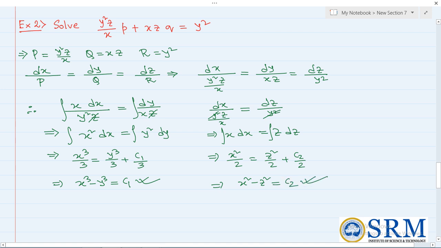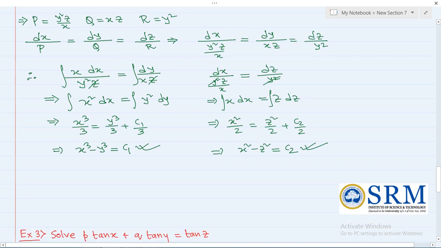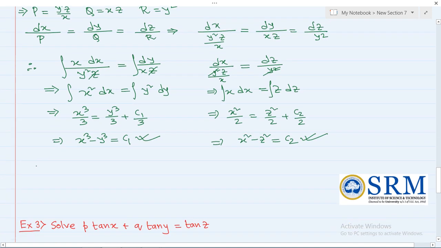Therefore, what is our general solution? The general solution is phi of x cube minus y cube, x square minus z square, equals 0. So this is the solution.